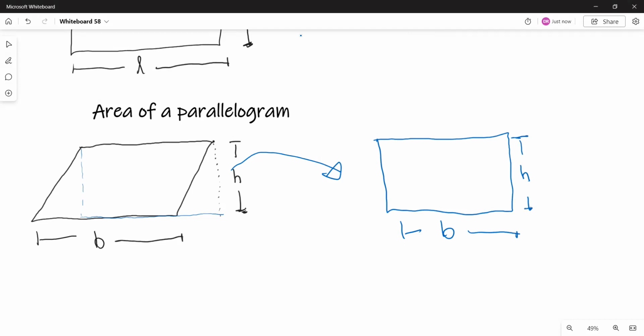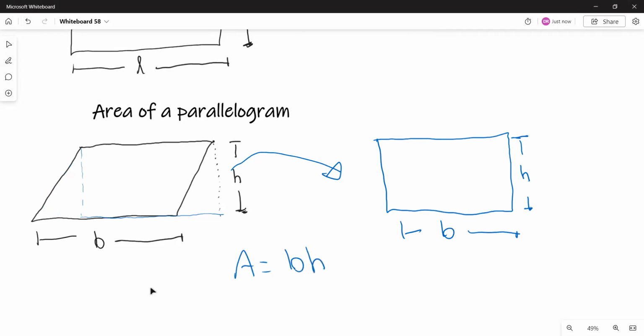Really, we just take this little rectangle and move it from the left to the right, and the area is going to be the same. So the area of the parallelogram is going to be base times height.